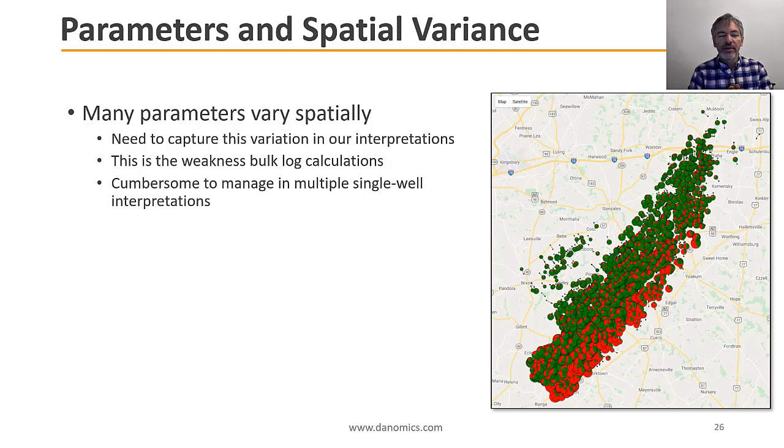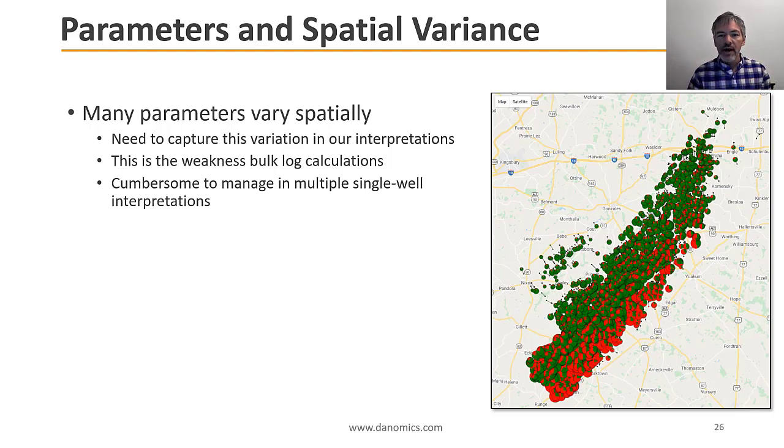The challenge comes in through the fact that many parameters vary spatially. So, for example, in this map that I'm showing here, we have production bubbles from the Eagle Ford trend, and we can see in the southern part of the play to the southwestern part of the play, we have much higher GORs than we have to the north-northeast of the play.